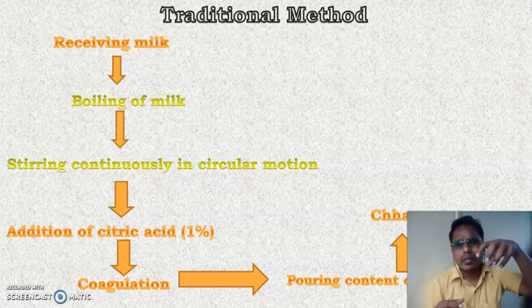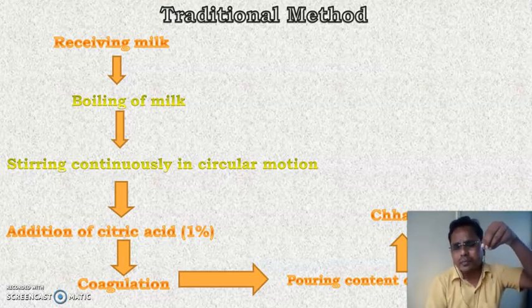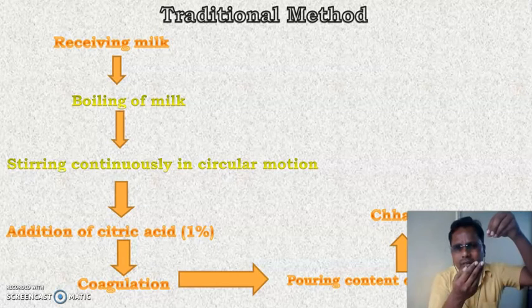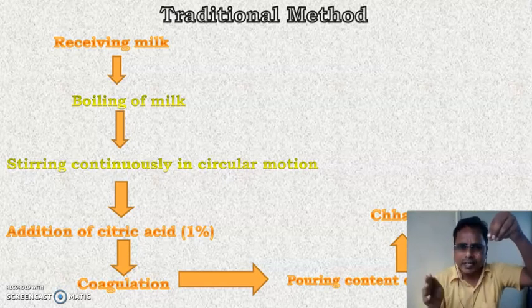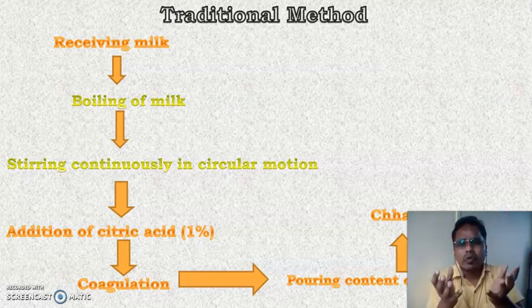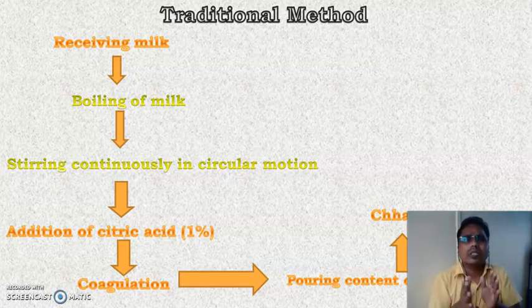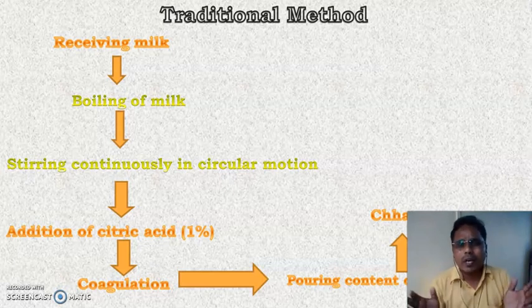When we keep it in a hanging position, the maximum moisture is drained out. The maximum whey is drained out, and the remaining portion in that muslin cloth, that mass, is called the channa. So this is the traditional way of preparation of channa.